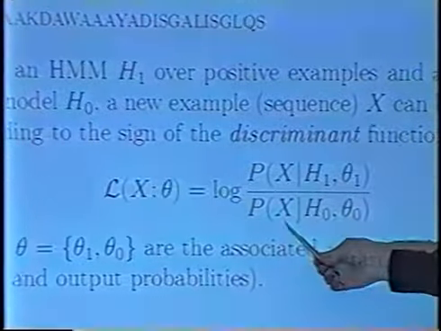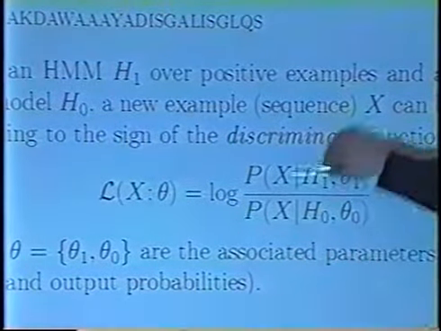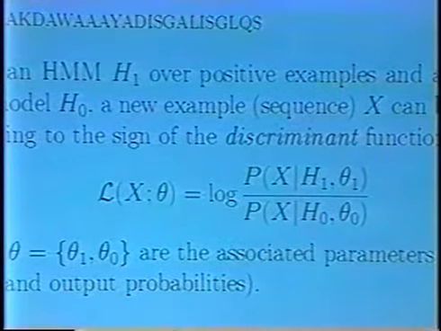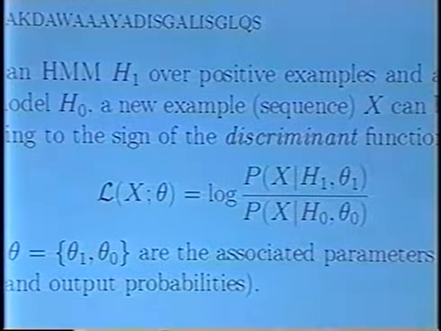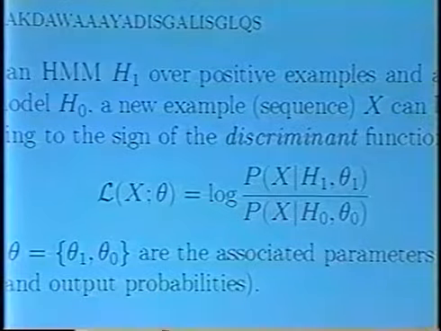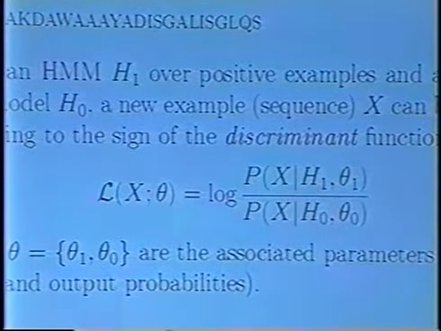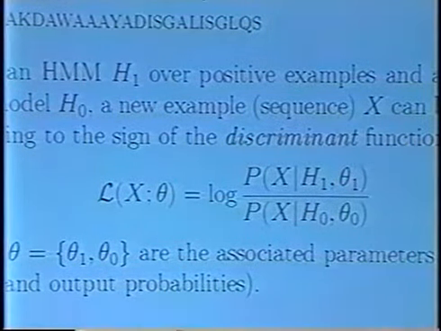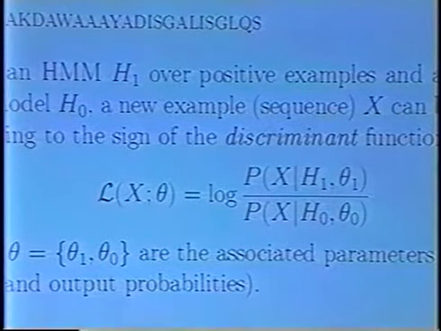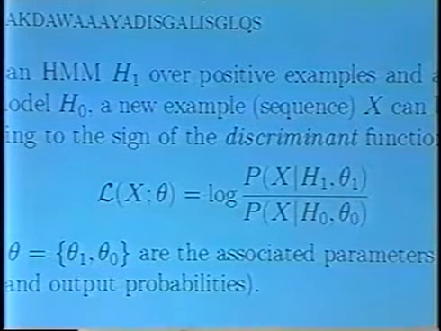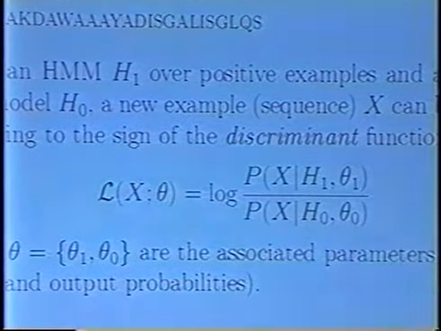Let's fix the example and see how this decision rule varies as we vary the parameters. So an intuitive way of thinking about it is that when you're classifying an example, you look at how, say, 10 different classifiers would classify the same example and use that vector now as a representation for the example.